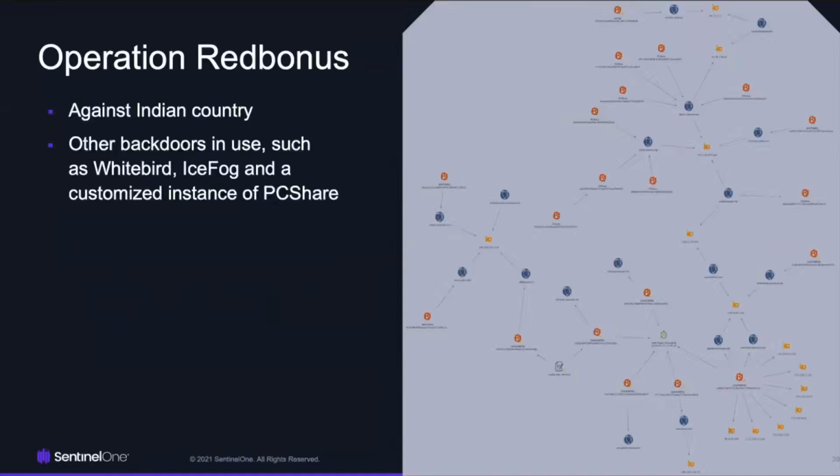All the samples we collected from Operation Red Bonus were running the same version of SHADOWPAD. During our investigation, we also spotted other backdoors in use, such as Whitebird, IceFrog, and a customized instance of PCShare. The actors showed interest in Indian targets, with several DDoS domain tools spoofing some Indian institutions.